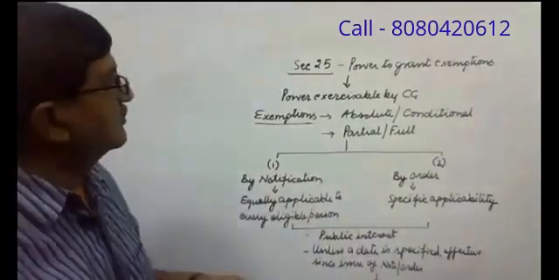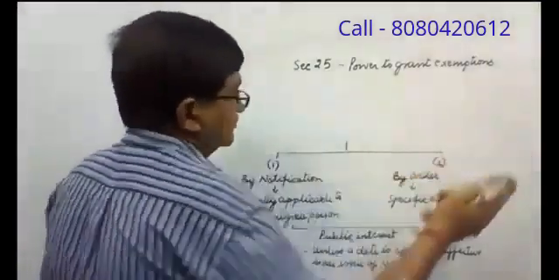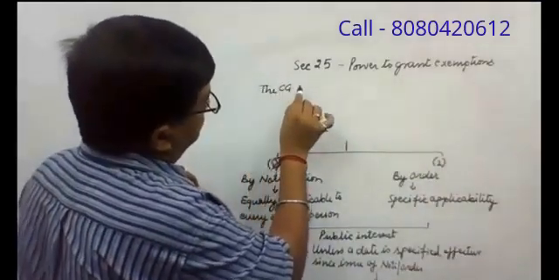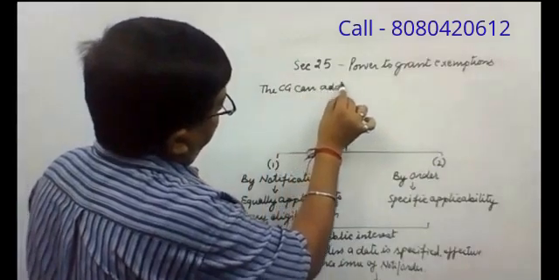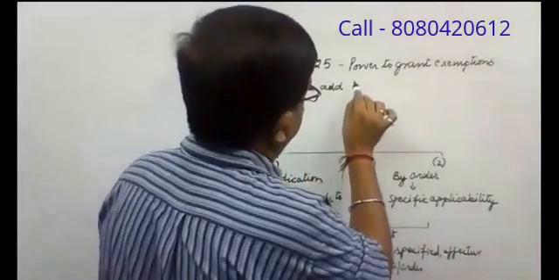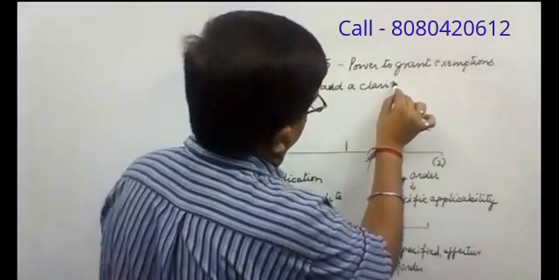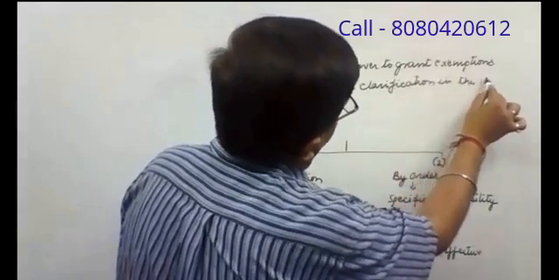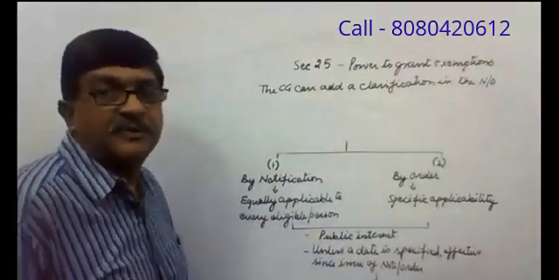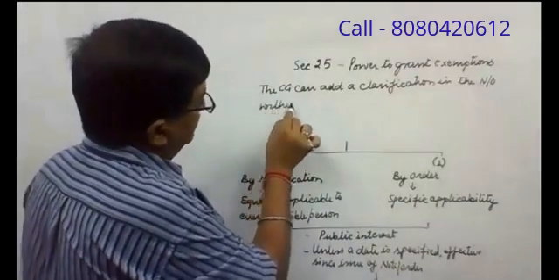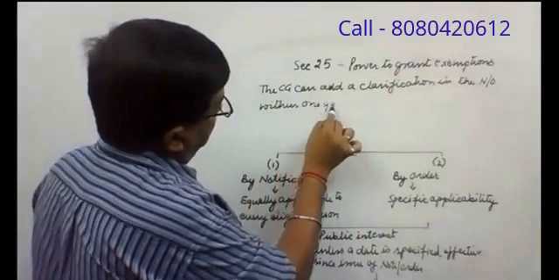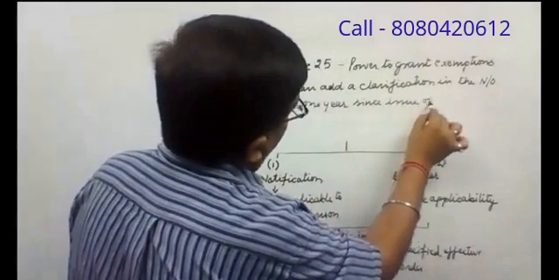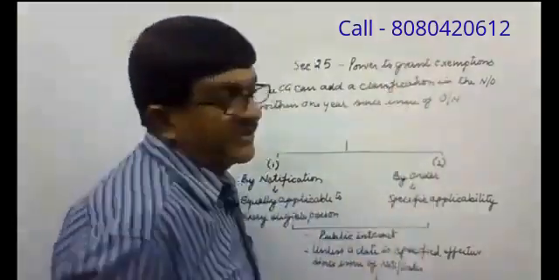Then one more point, the last point here. The central government can add a clarification in the notification or order within 1 year since the issue of the order or notification.